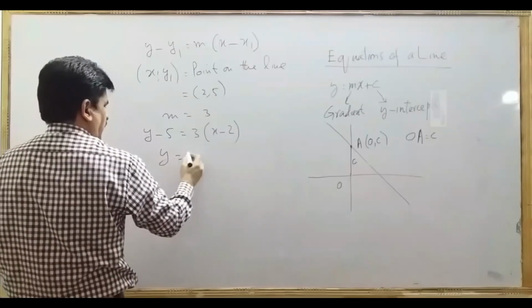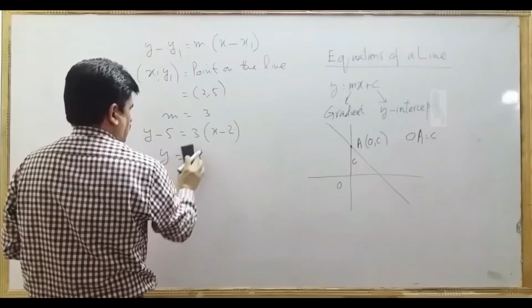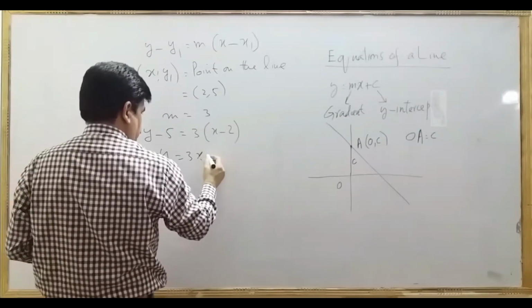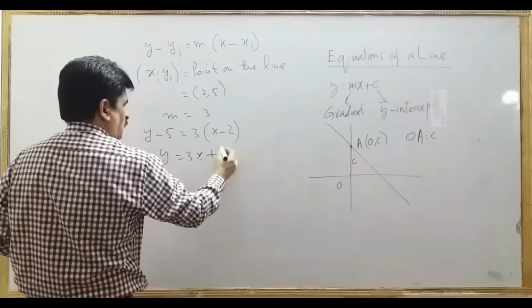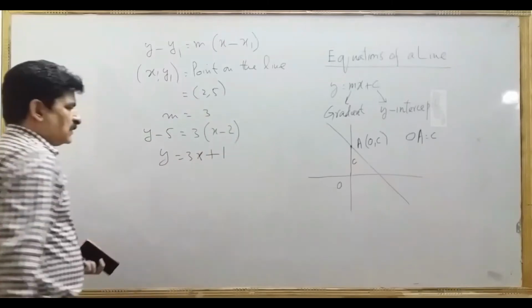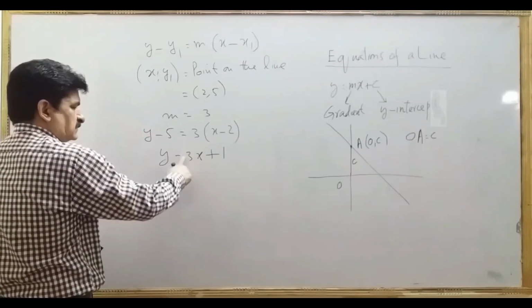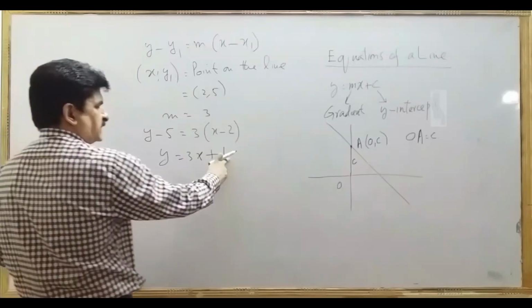On simplifying, you will get 3x plus 1. So this is the equation of line with gradient 3 and y-intercept 1.